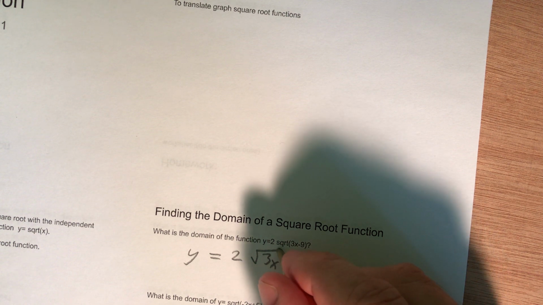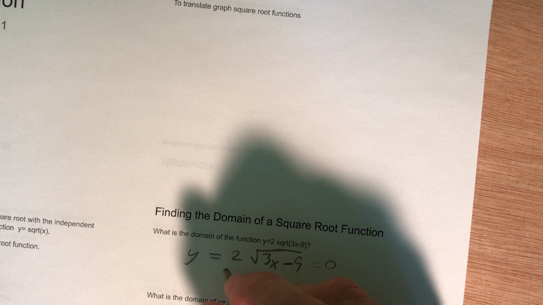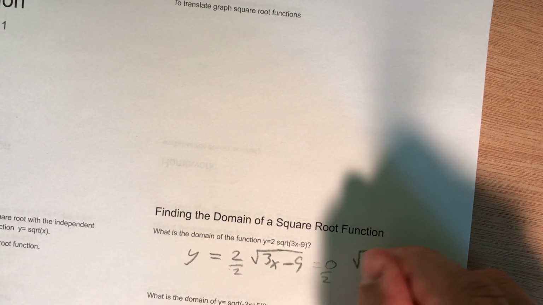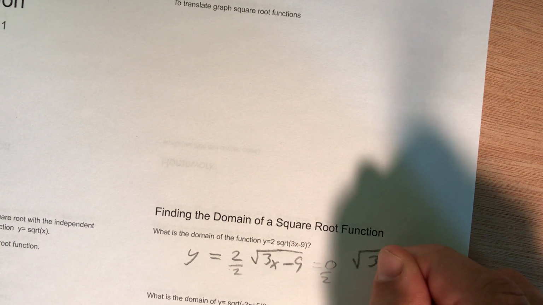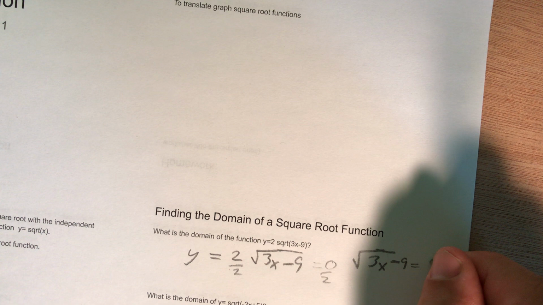This is all in the square root. So we'd divide by 2, and you're going to end up with square root of 3x minus 9 equals 0 still.